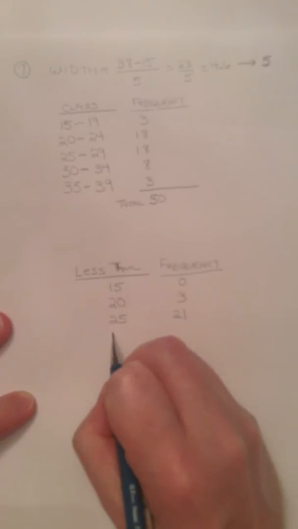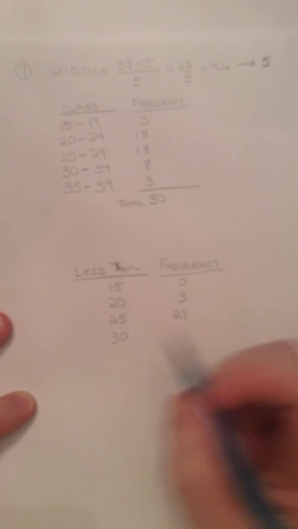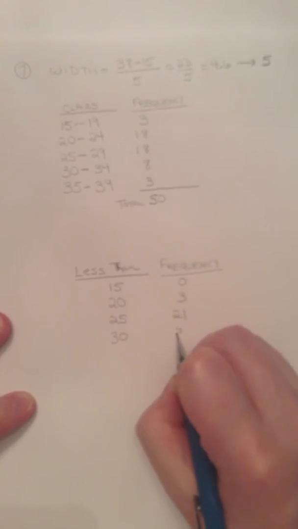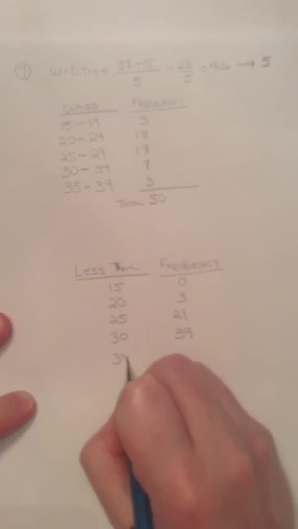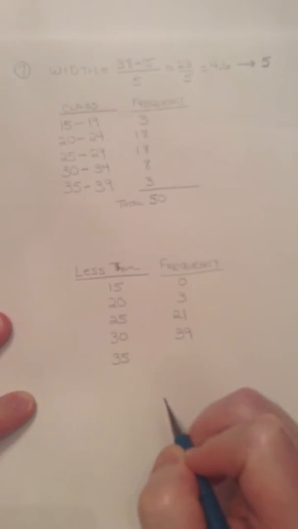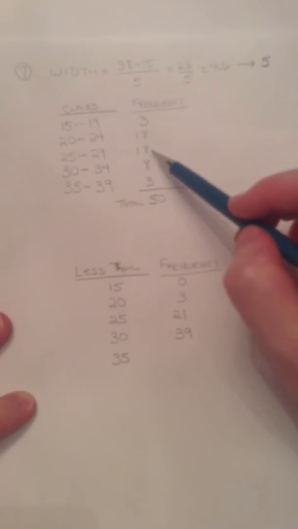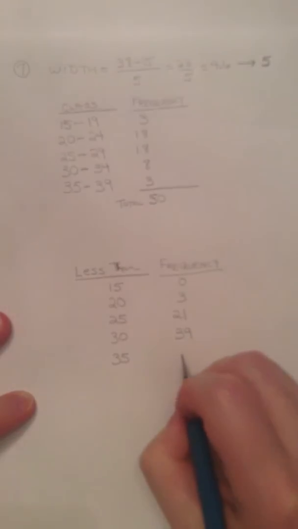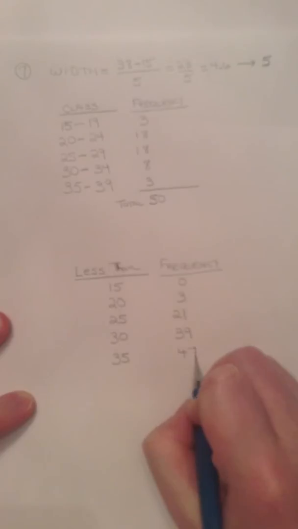In the case of less than 30, you have everything from 15 to 29. So you have 21 from the previous plus 18, which gives us 39. Then for less than 35, you have 39 from the first 3 classes, and then 8 more, so 39 plus 8 is 47.